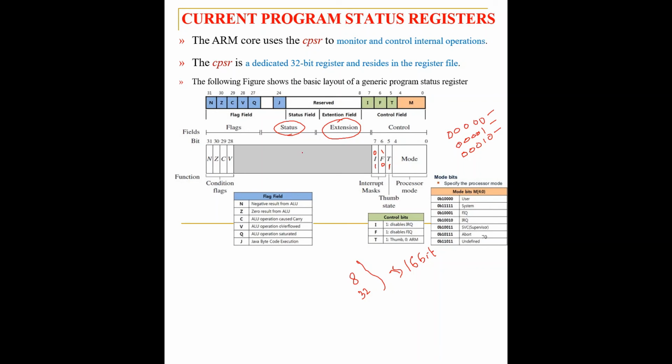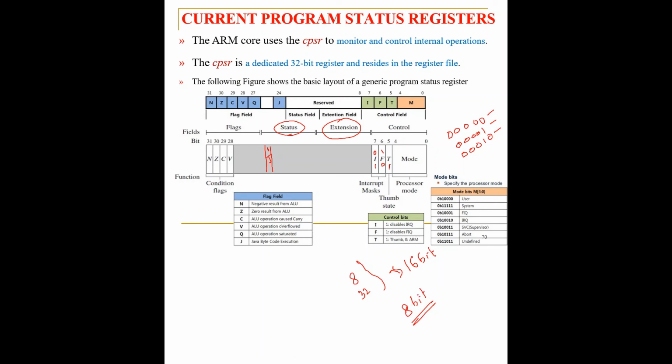In addition to this, there is one more bit used by this register, called the Jazelle bit. If this Jazelle bit is enabled, all the codes are going to get converted into 8-bit codes.